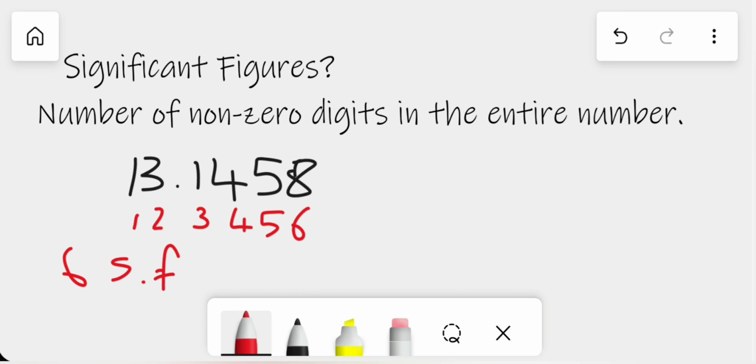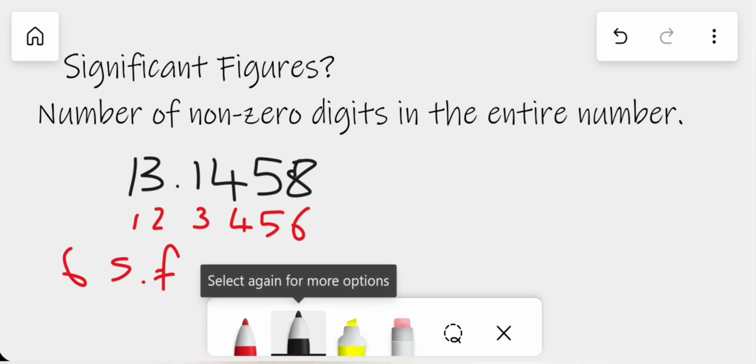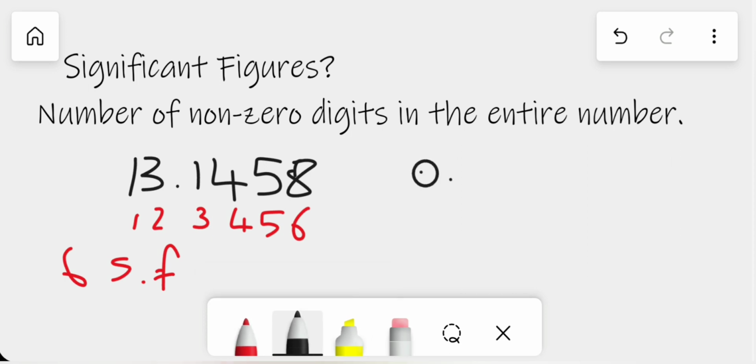Now, let's look at another number. For example, you have 0.043112. All right. So based on our definition here, it's the number of non-zero digits in the entire number. So as you can see, we have 0 here.